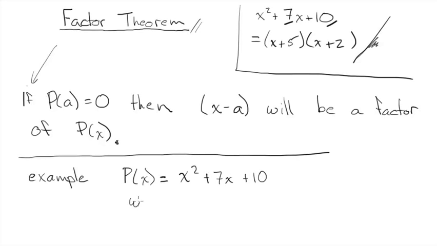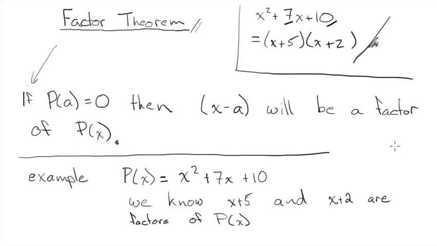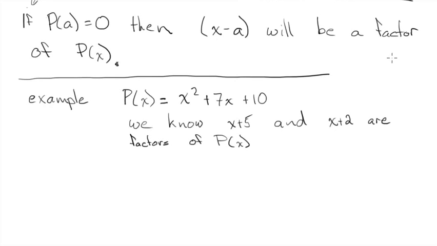So we know that x plus 5 and x plus 2 are factors of p at x. What the factor theorem tells us is that if we substituted a into this polynomial, we should get 0.